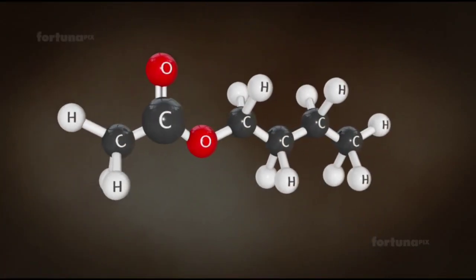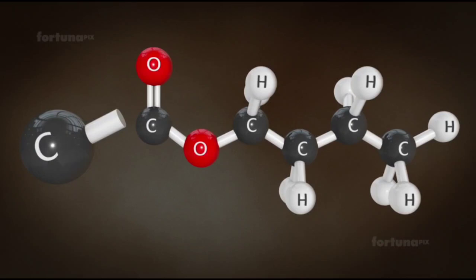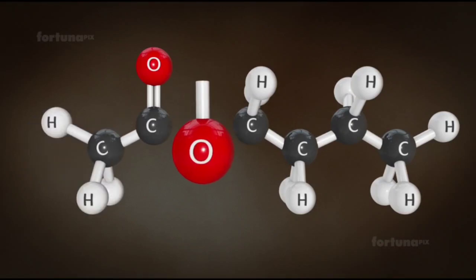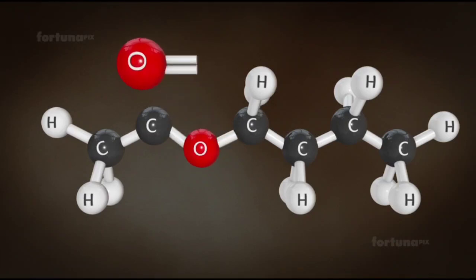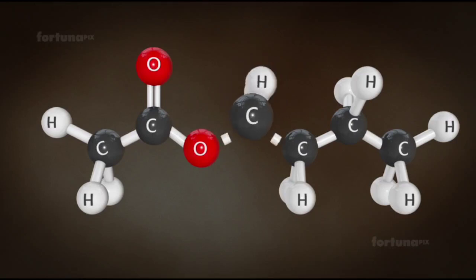They contain a carbon atom that is bound to three other atoms. One is a single bond to a carbon atom. One is a single bond to an oxygen atom. And the other is a double bond to an oxygen atom. The singly bound oxygen atom will be bound to another carbon atom.